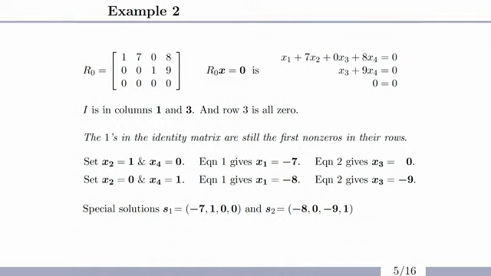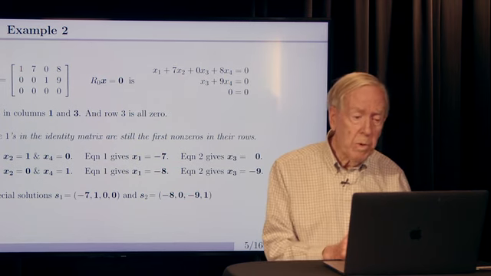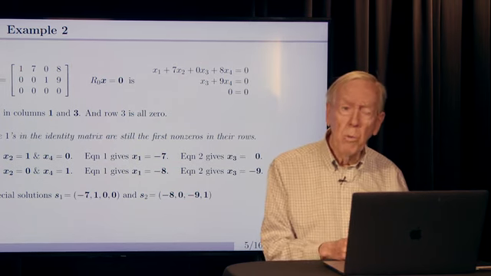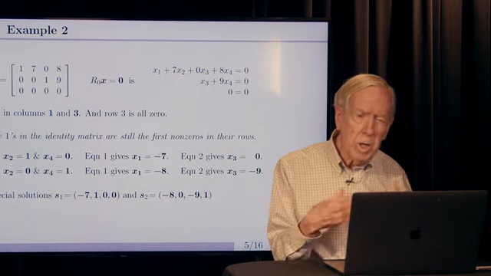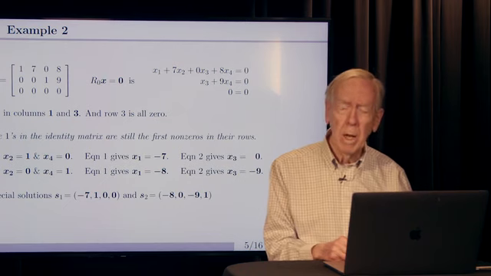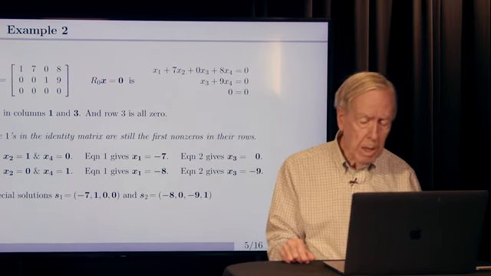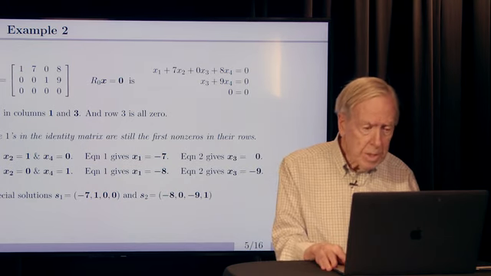That'll be 8 of the first column and 9 of the third, the 2 bits of the identity. So you see that when we get to this reduced row echelon form, horrible set of words, but what it means is elimination has made it as simple as it can be.